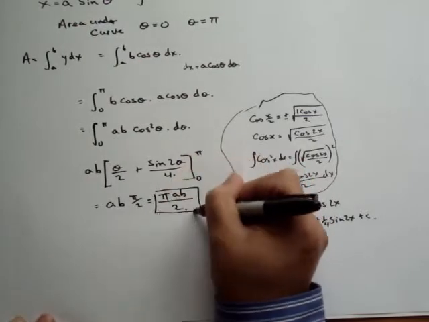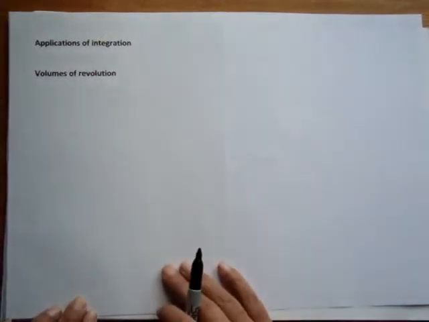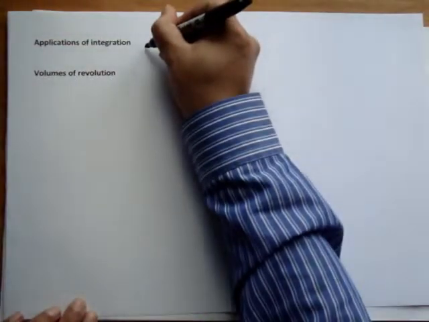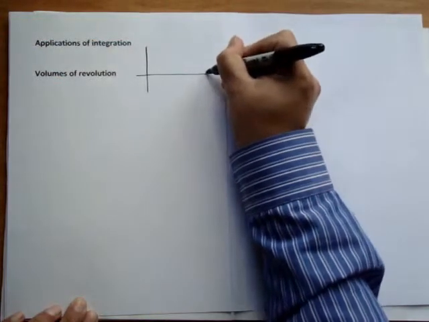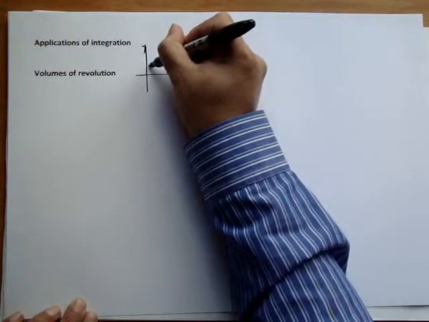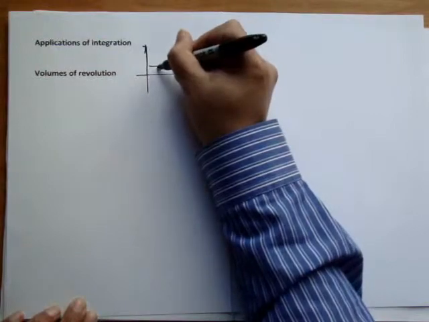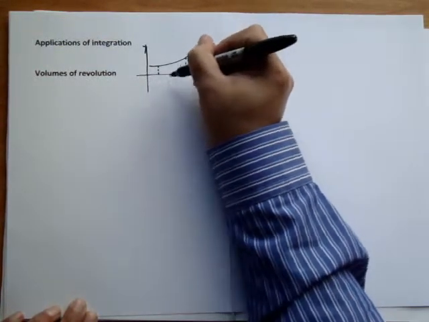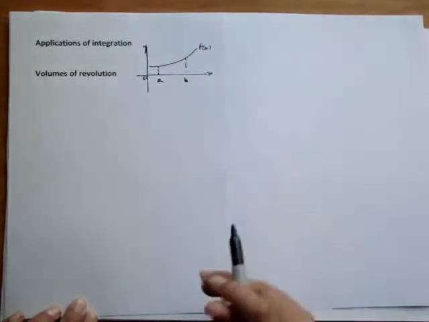Applications of integration, and in particular volumes of revolution. If we look at our previous integration that we did for area, we have the x, y, and a curve f of x, and our limits a and b, and 0 there.